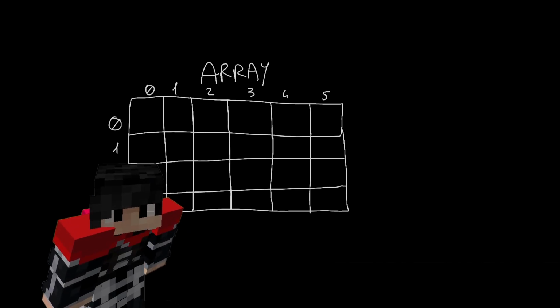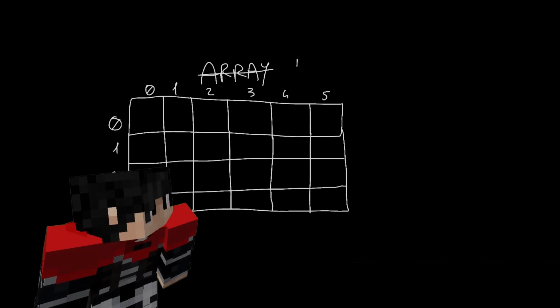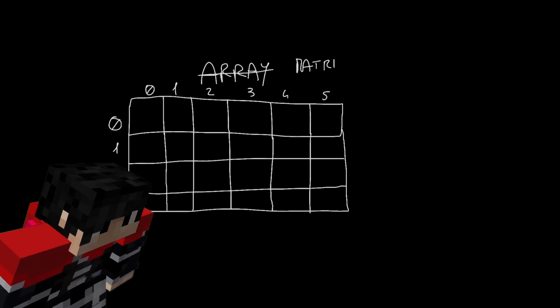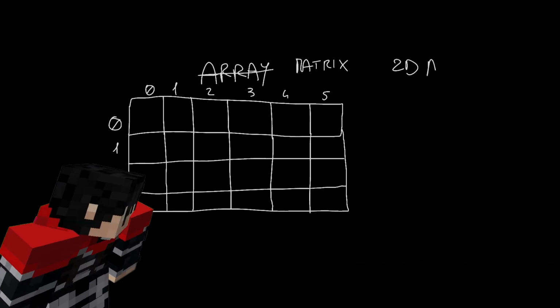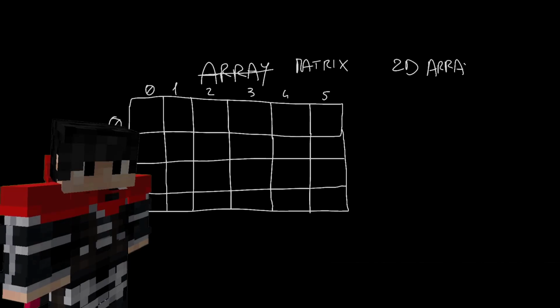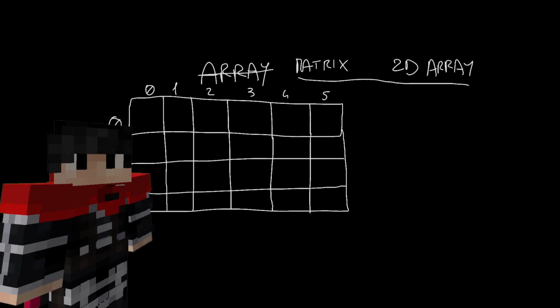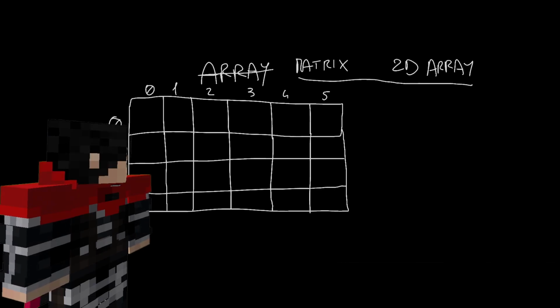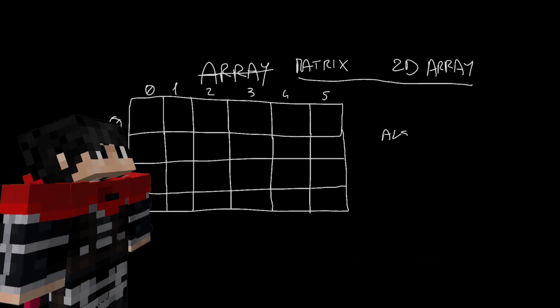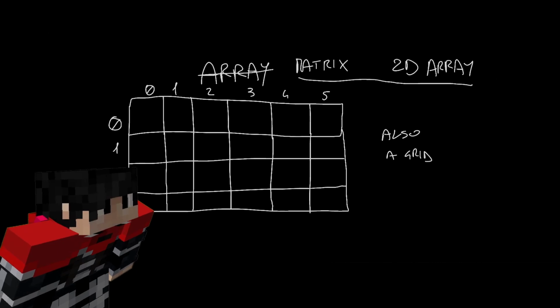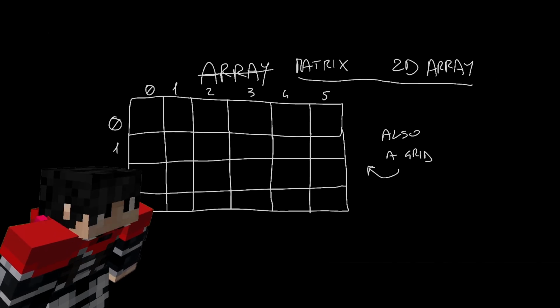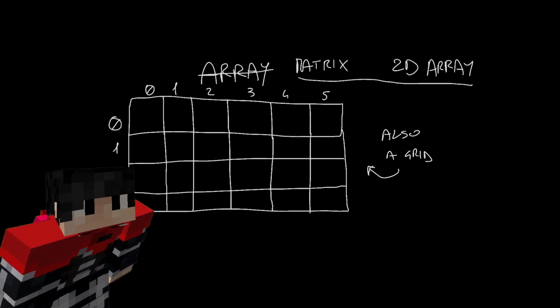Because yes, we can use a static array, but also a dynamic array. I'm going to call this grid a matrix because it's simple and it's so long to say multi-dimensional array every time. So it's also possible to call it matrix. We're going to call it matrix. Making a static matrix is a good idea, but we can also do it dynamically.